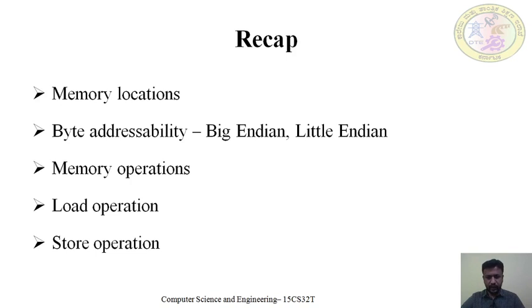In little endian assignment, the lower byte address represents the least significant byte, that is from rightmost to leftmost. That is, the assignments are assigning the byte address 0, 1, 2, 3 from rightmost to leftmost.